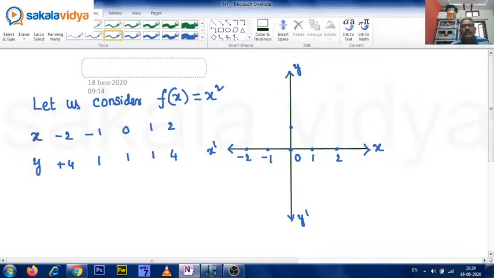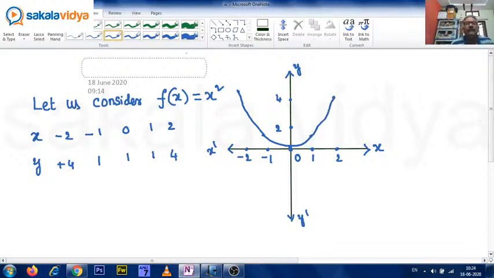Here this will be 2, this will be 4. So x equals 0, you get 0; 1, 1; 2, 4. Similarly, minus 1, 1; minus 2, 4. Join these, you get the graph like this. Okay, graph of this one.